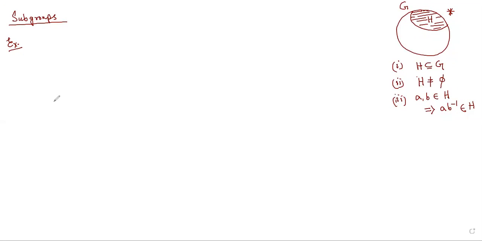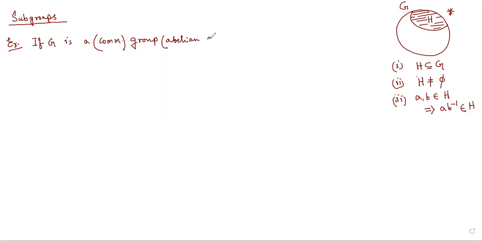So my first problem is that if capital G is a commutative group, I think you do not have any problem with this abbreviation. This abbreviation is for the word commutative. I have written it in short. Sometimes it is also known as an abelian group.